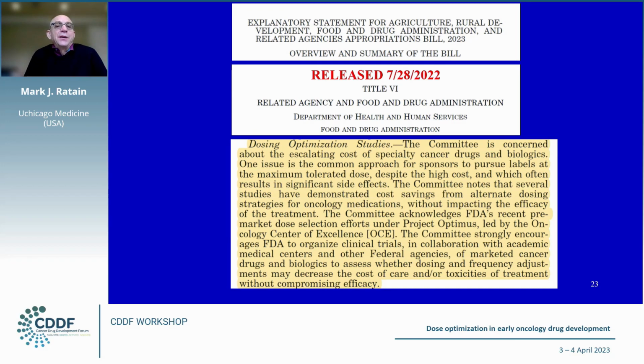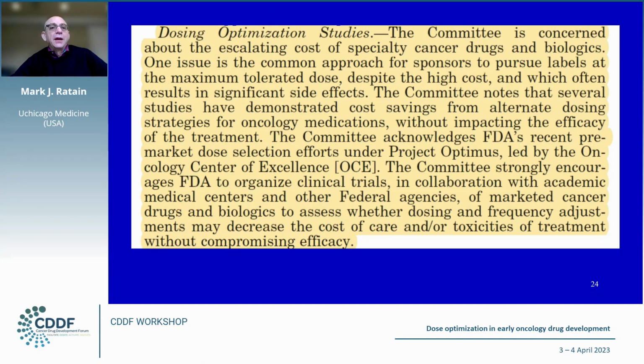I will also add that in the United States, the US Senate Appropriations Committee, in its appropriations for fiscal year 23, specifically for FDA, included a statement with the bill that was enacted asking the FDA to get involved in post-marketing dose optimization studies. And just to blow this up, the committee is concerned about the escalating costs, especially cancer drugs and biologics.